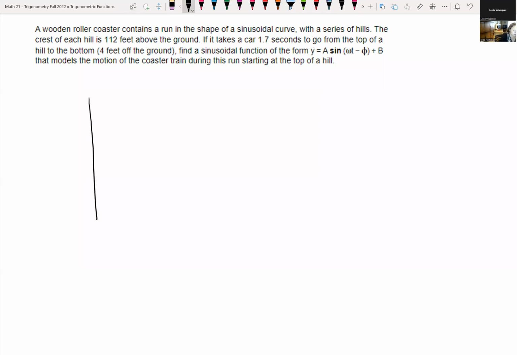So we have some roller coaster. It tells me right here that the roller coaster is 4 feet off the ground, and that's from the bottom of the hill. So if that's 4 feet off the ground, that's going to be the minimum value.